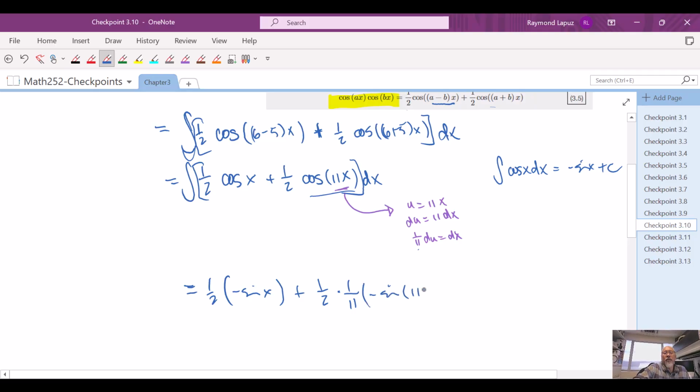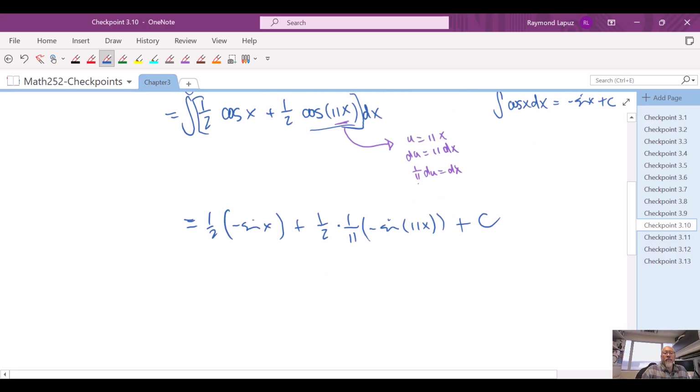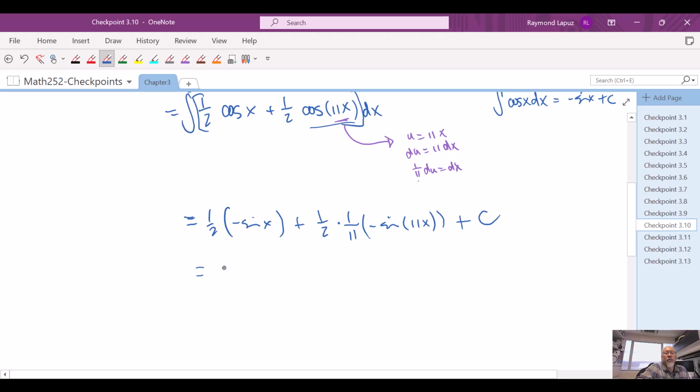This time it's 11x, and then that would be a result. So writing this a little bit neater, we get 1/2 sine x, and then this will be plus 1/22 sine of 11x plus c.